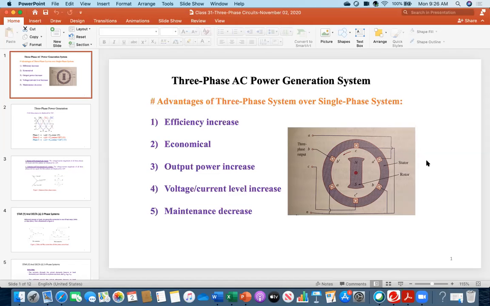Think about your home: most of your devices have a maximum of 120 volt. But once you go to the power plant, the three-phase system or the overhead lines that you can see outside have several thousand volts, like 11,000 volt and much higher. So voltage and current level increase. Those are the benefits of having the three-phase system.